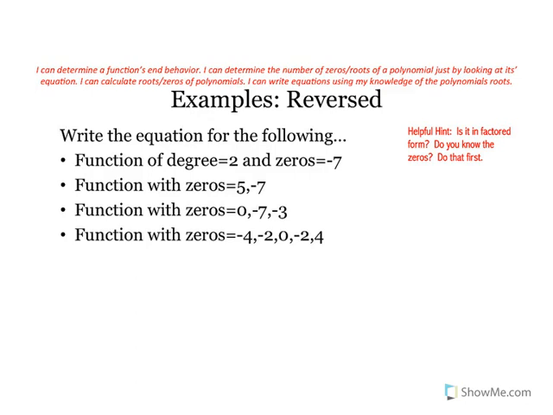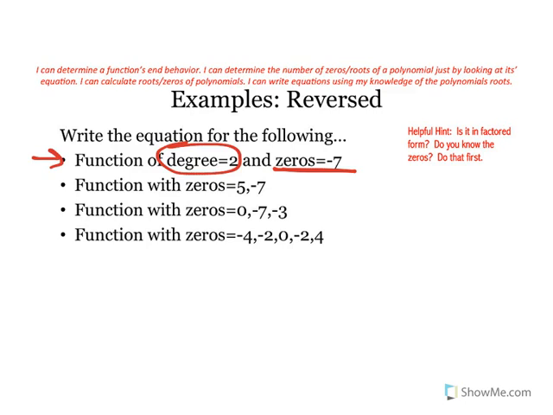The very last thing that we'll take a look at is the reversal of what we just did. So what we just did was I gave you a function or an equation, and you had to tell me what the zeros are and go find the zeros and then graph it and on and on and on. Well, now I'm giving you the information and I want you to write the function or write the equation for me. So this first one, case in point, I want a function where the highest power is a 2, so it's going to be quadratic.